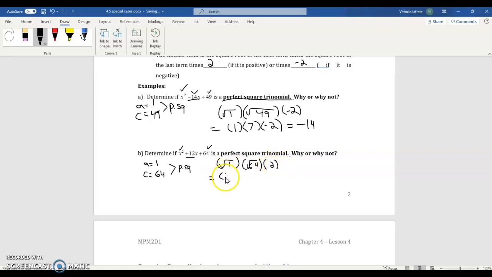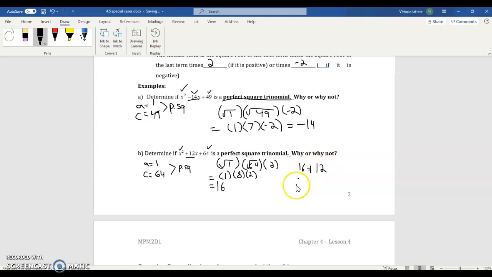And so we get 1 times square root of 64 is 8, times 2 is equal to 16. Is that your middle term? Well, 16 is not equal to 12.